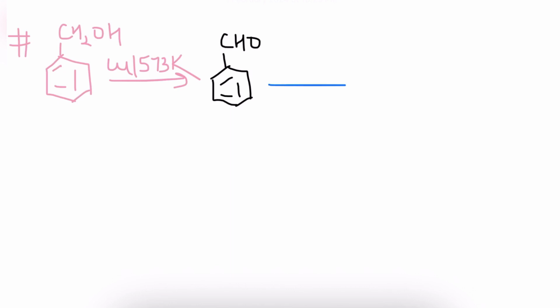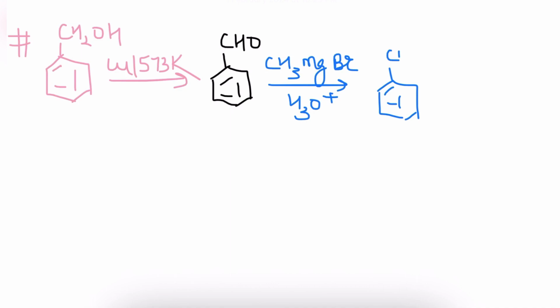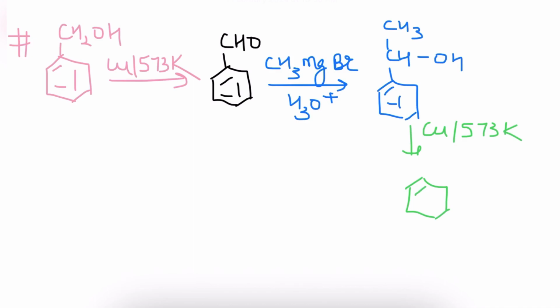This, with methyl magnesium bromide as a Grignard reagent, and on hydrolysis gives an alcohol, and this alcohol so formed on dehydrogenation reaction gives COCH3.